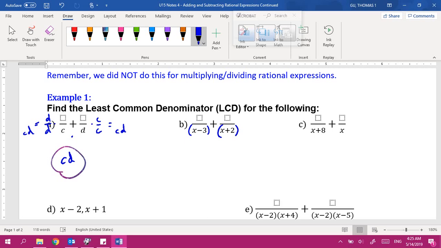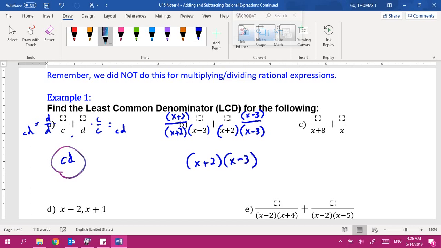It doesn't have an x plus 2, so in order to make it the same denominator, we can just multiply by x plus 2. And now if I multiply this right denominator by x minus 3, notice the denominators are now going to be the same, right? Because now both the denominators are x plus 2 times x minus 3. It's very simple. And so the least common denominator here is x plus 2 times x minus 3. You see, just like that.